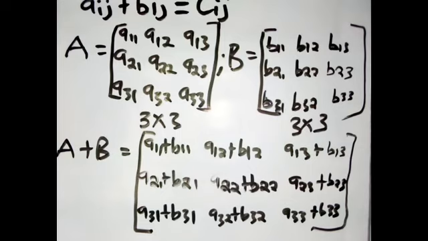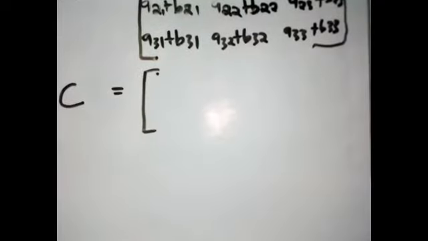So by the time we sum this up, we would have a new matrix called C.